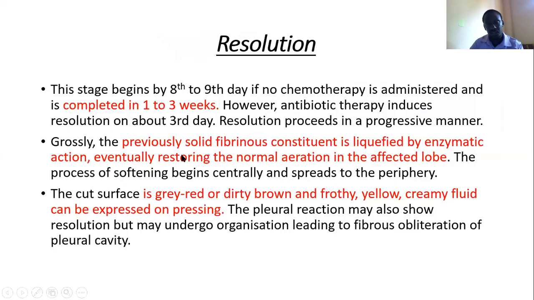Then here, we have softening that begins centrally and spreads to the periphery. The cut surface is gray-red or dirty brown, and it appears frothy. It has some froth. Yellow creamy fluid can be expressed on pressing.